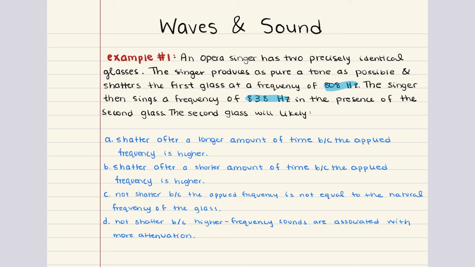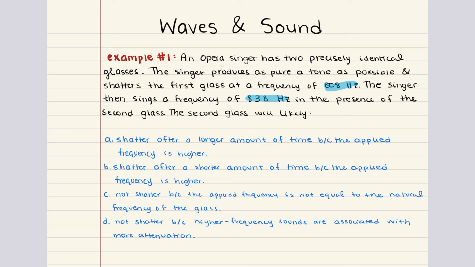Resonance occurs when an external sound matches the natural frequency of an object, thereby amplifying vibrations and potentially leading to structural failure if the amplitude is high enough. This phenomenon explains why the first glass shatters when the singer produces a tone at 808 hertz.